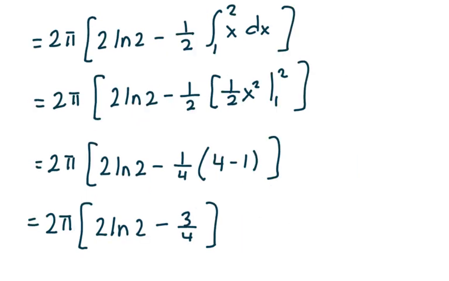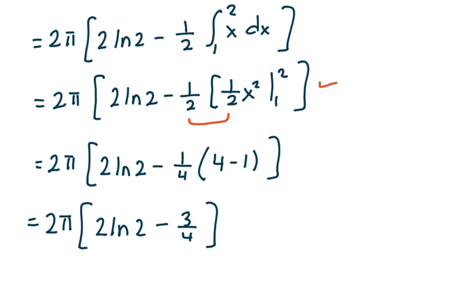And so this is 2 pi times the quantity 2 natural log of 2 minus 1/2 the integral from 1 to 2 of x dx. So this is 2 pi times the quantity 2 natural log of 2 minus 1/2 of 1/2 x squared from 1 to 2. But remember that 1/2 times 1/2 is 1/4.